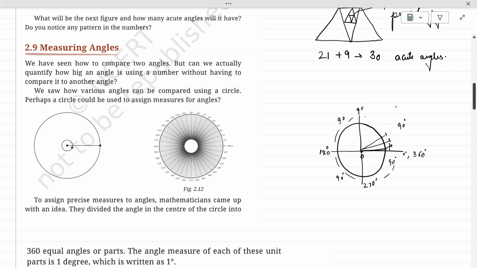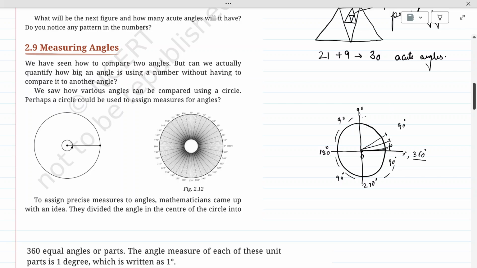Okay, so kids, try to understand, this is the complete circle of 360 degrees, and we are dividing it into 4 parts. The first part is of 90 degrees, 0 to 90, then 90 to 180, 180 to 270, and then 270 to 360. So these are 4 equal divisions of 90 degrees each.